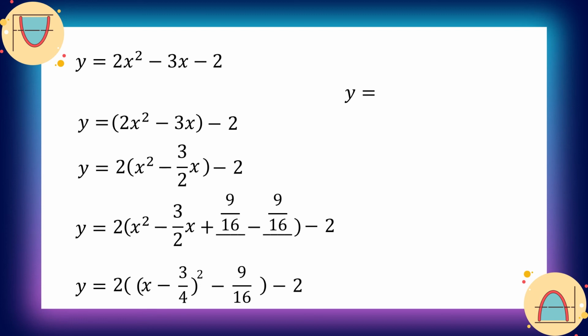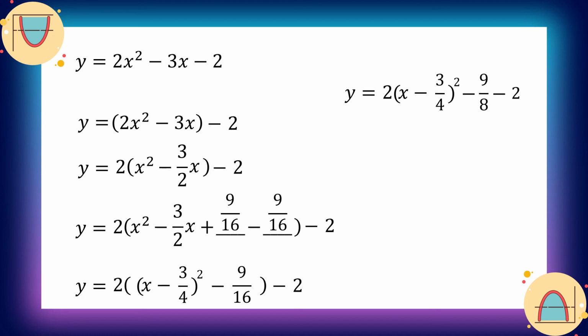We now distribute 2 to the terms in our quantity. So 2 times the square of the difference of x and 3/4 is written as 2 times the square of the difference of x and 3/4. And 2 times negative 9 over 16 is equal to negative 9 over 8. And don't forget to copy minus 2.